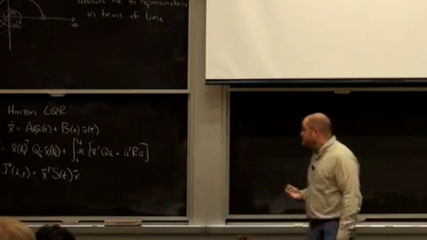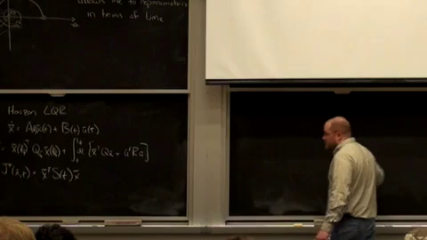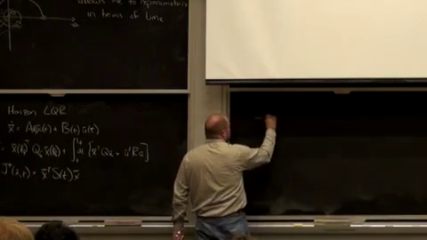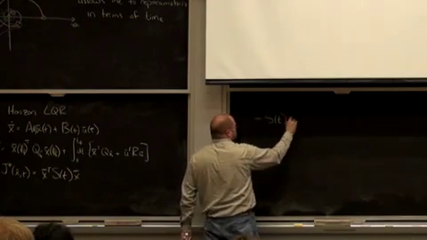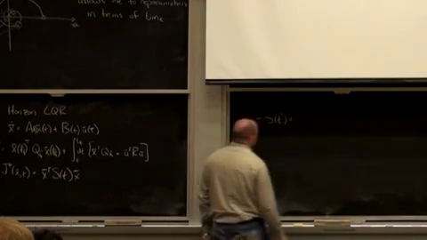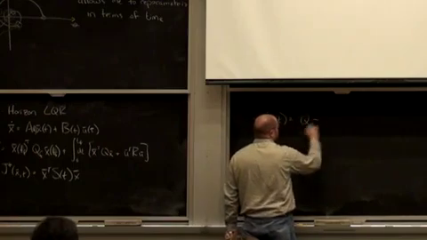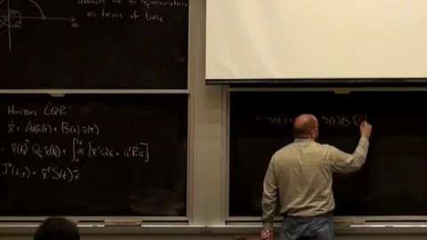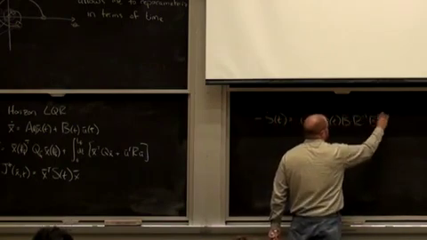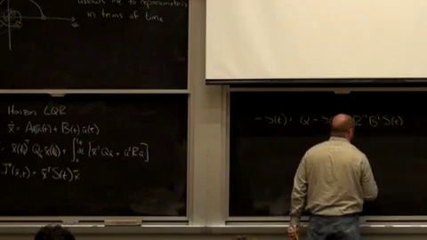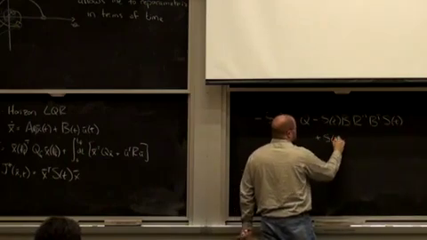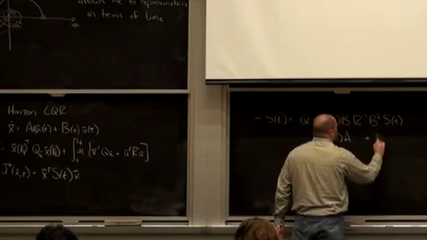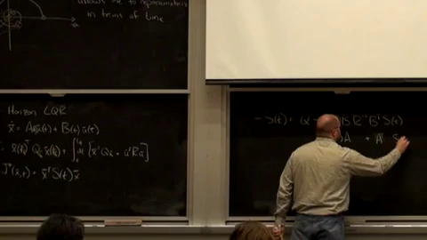And we found that our optimal cost to go was described by this Riccati equation, which was negative S dot of t is Q minus S of t B R inverse B transpose S of t plus S of t A plus A transpose S of t.